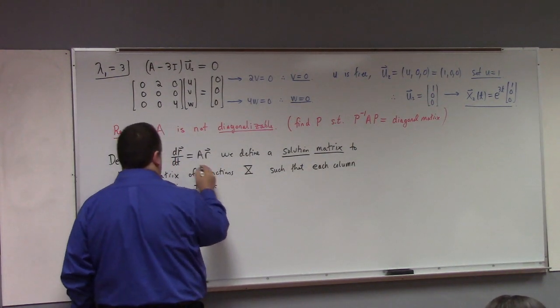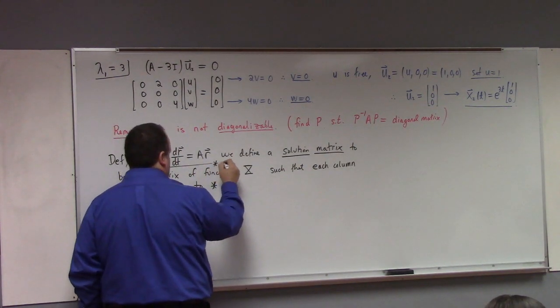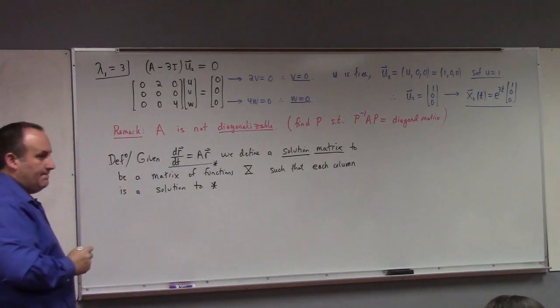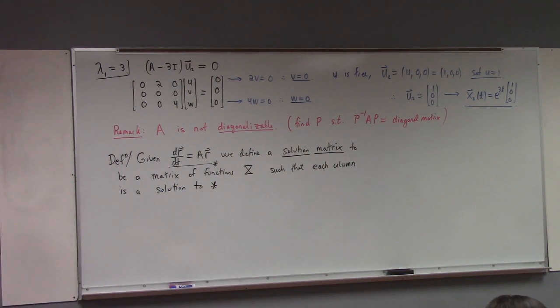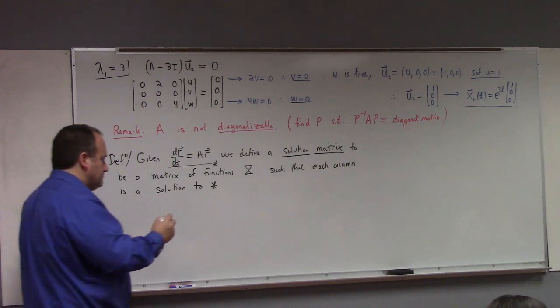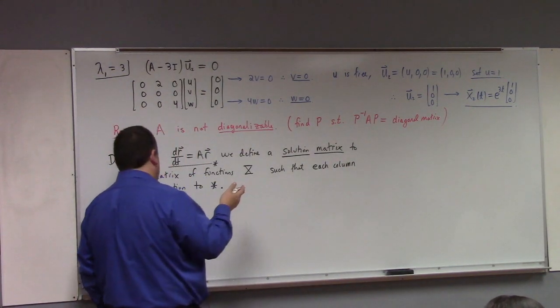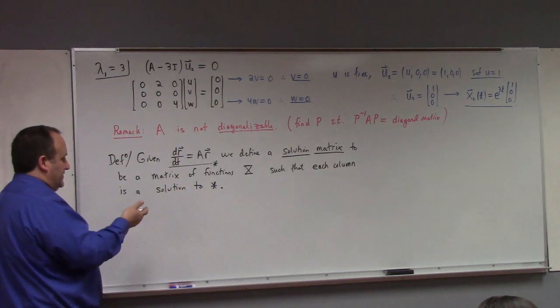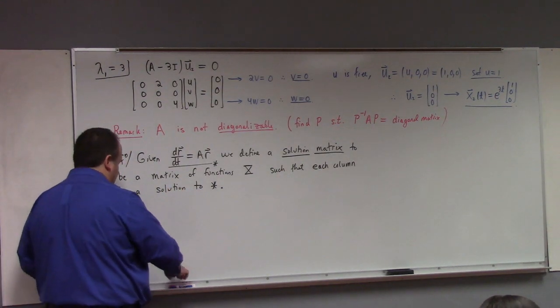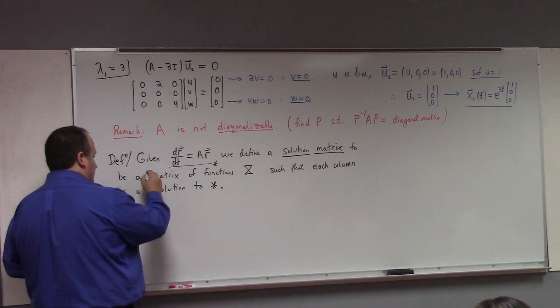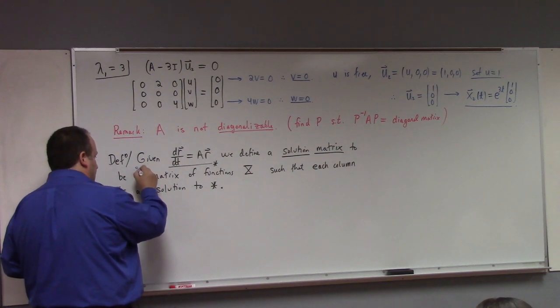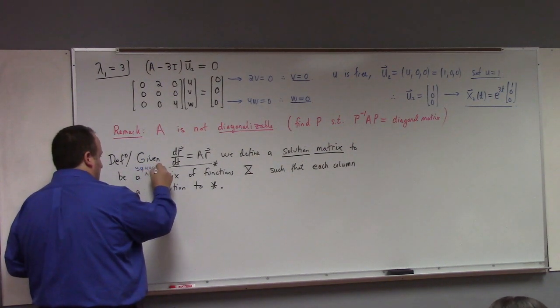Let me give this a name here. We'll call our differential equation star, so I don't have to keep writing it. All right. Each column is a solution to star. And I should be clear, it's not just any old matrix. It's a special kind of matrix. It's a square matrix. So let me weasel a word right in there. Square. All right.